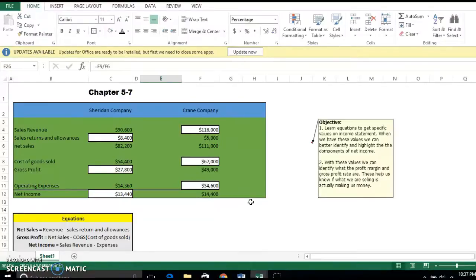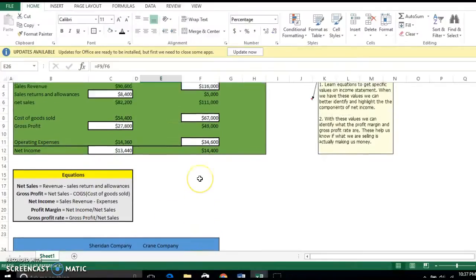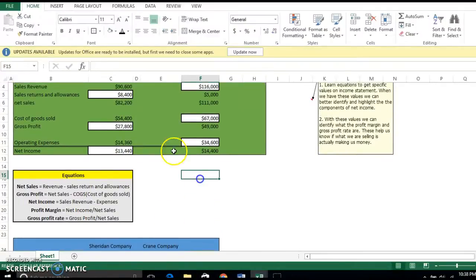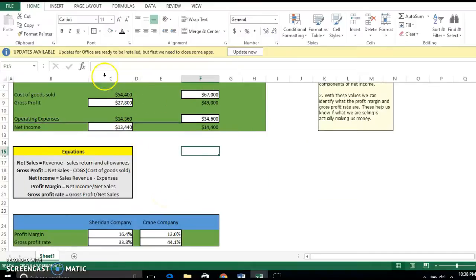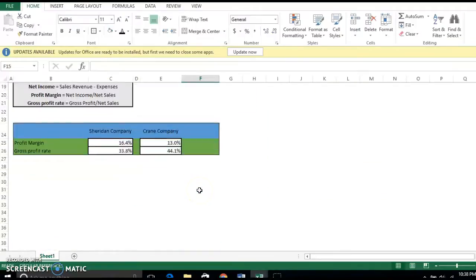So our sales revenue is $90,600, and we could have all of that money in sales, but then our cost of goods sold, for example, is $54,400.